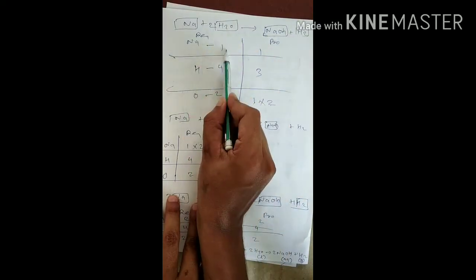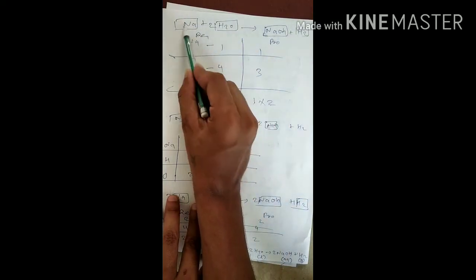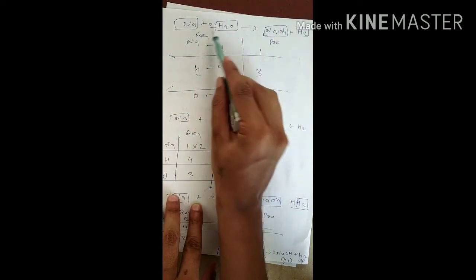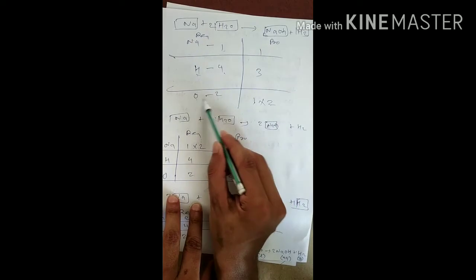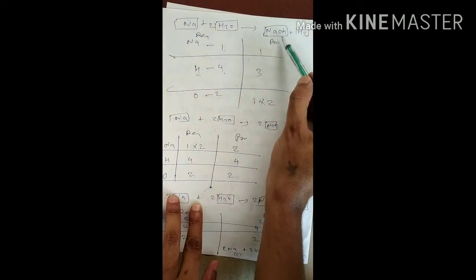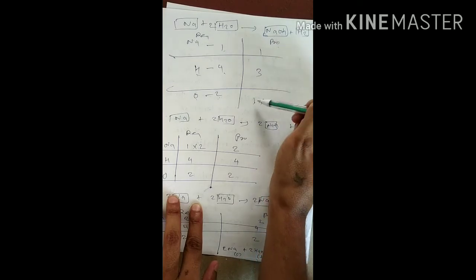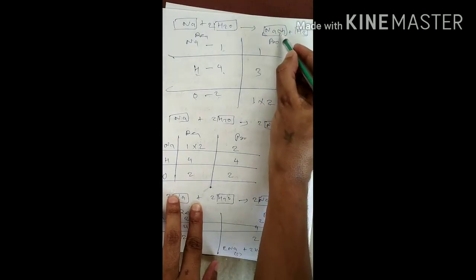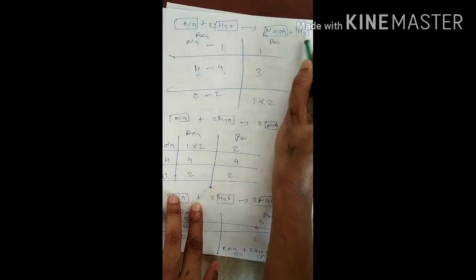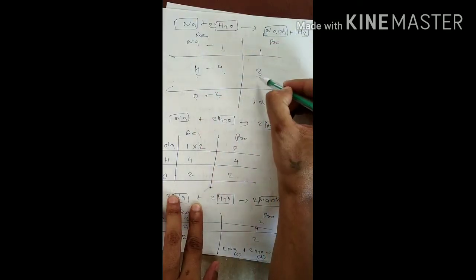Sodium is 1 here. You can see here on reactant side sodium is 1, hydrogen is 2 2s are 4, oxygen is 2 1s are 2. Sodium on product side 1, oxygen that is 1 here, and hydrogen that is 1 and 2, 3 here.